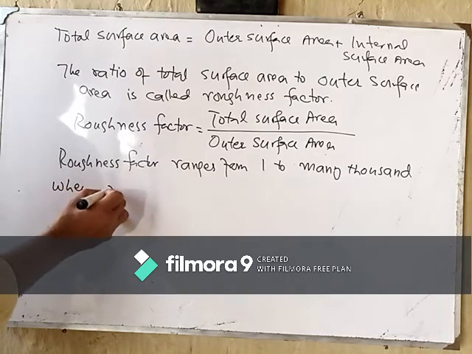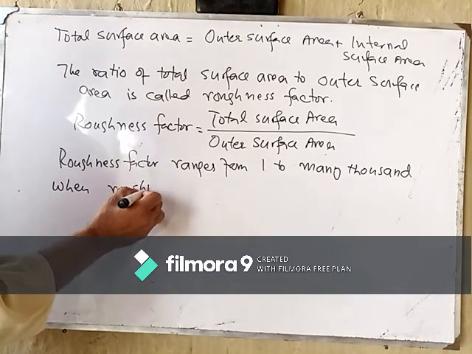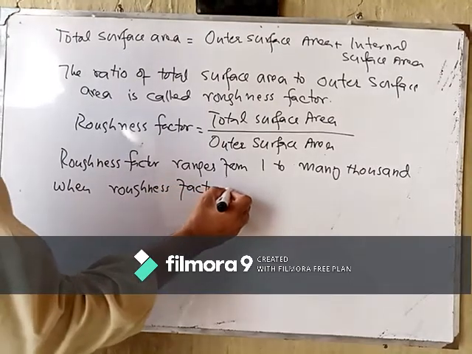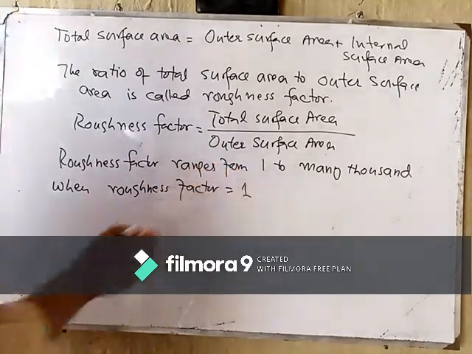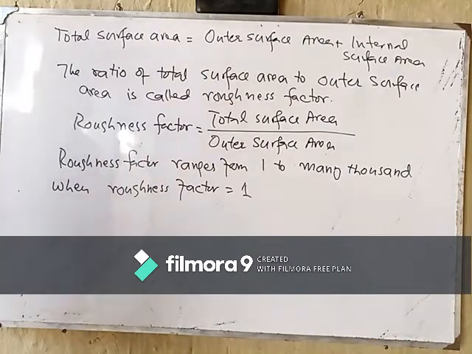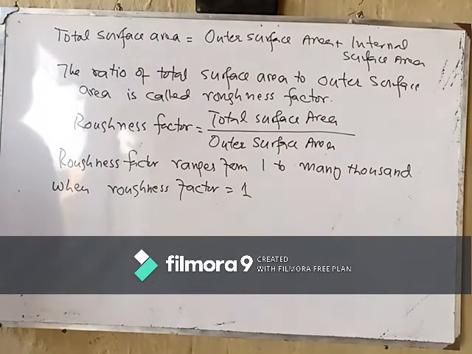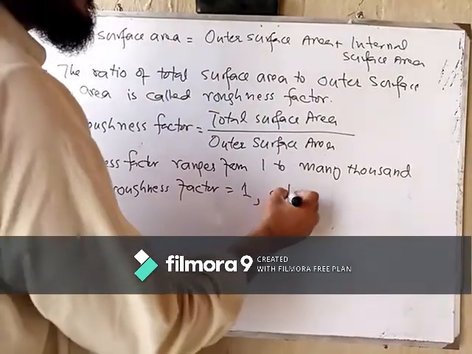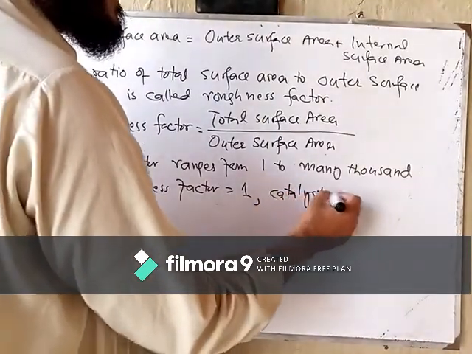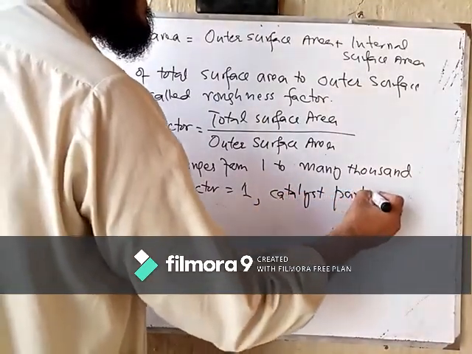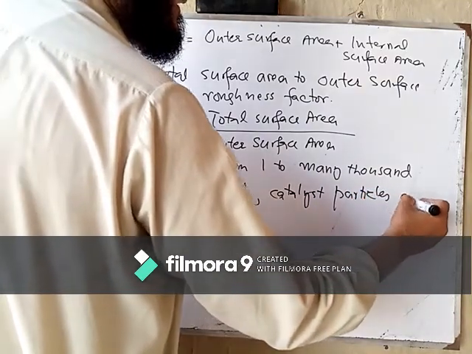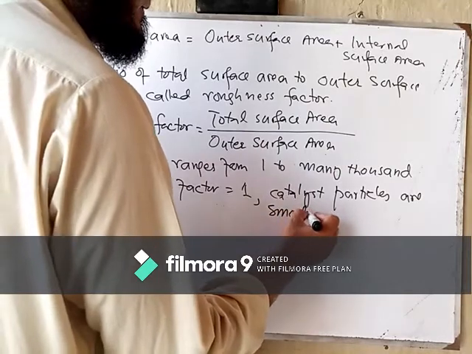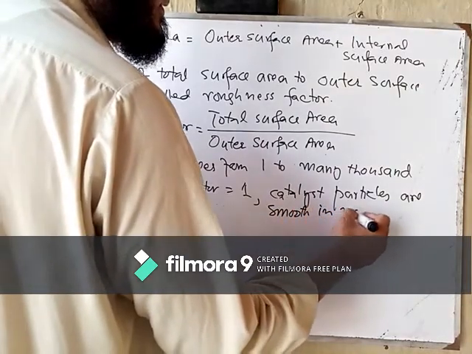When roughness factor is 1, it means the catalyst particles are smooth in nature.